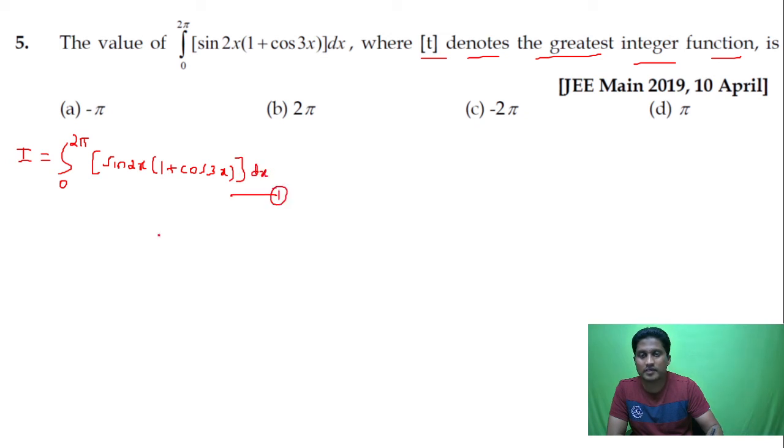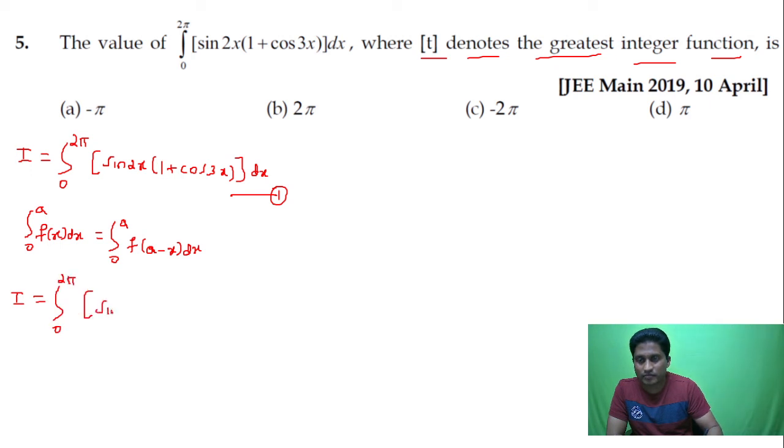I'll use King's property. That is, I'm going to use the property that the integral 0 to a of f of x dx is equal to the integral 0 to a of f of a minus x dx. So I is equal to the integration 0 to 2 pi of box of sine of 2 into, change x to upper limit minus x, you get 2 pi minus x, into 1 plus cos of 3 into 2 pi minus x.